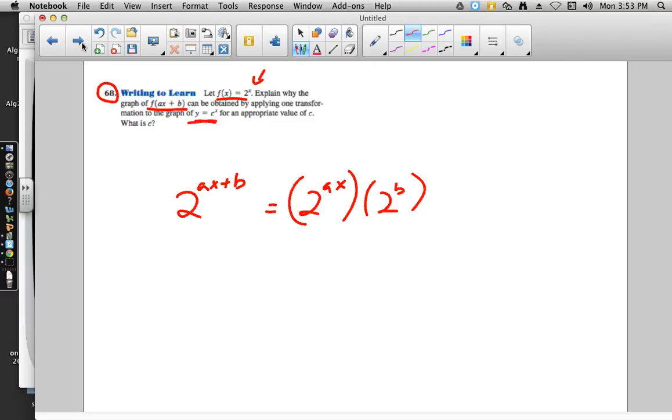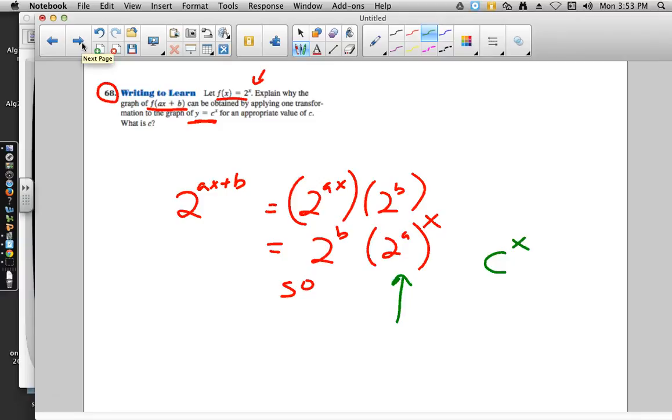So if I break that apart so that I can actually see a power, I probably want to write it as 2 to the b times 2 to the a raised to the x power, because now that looks just like our y equals a times b to the x. So what does that mean? They wanted to know what c to the x should be, and they asked us about c. Well, this already has the power of x, so c would have to be 2 to the a.